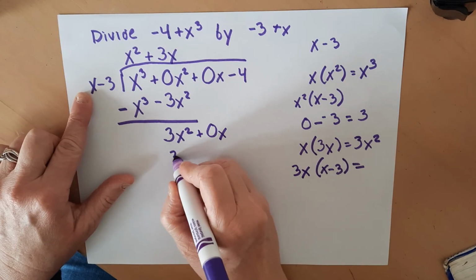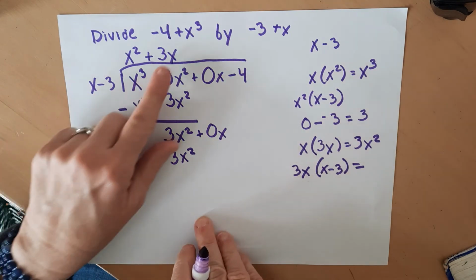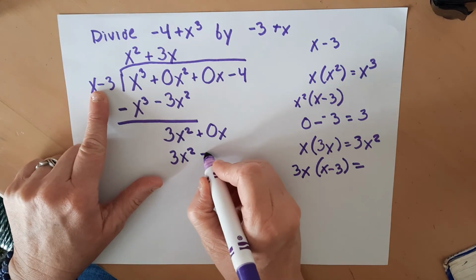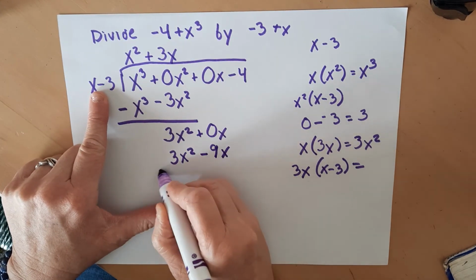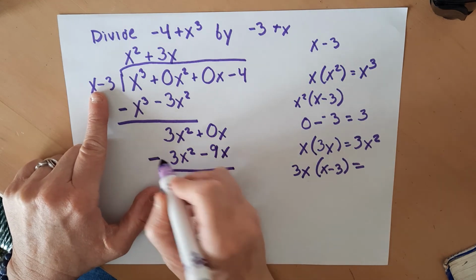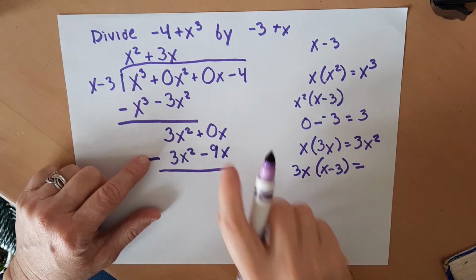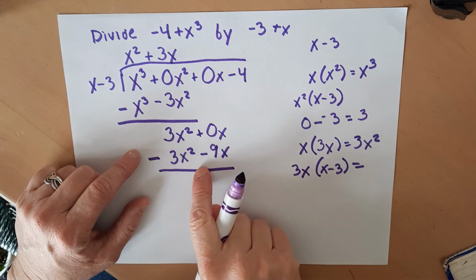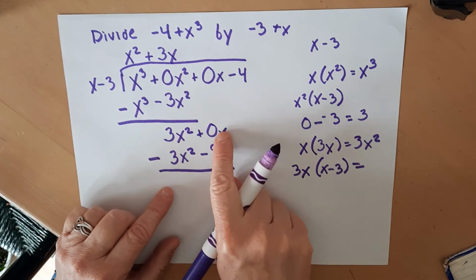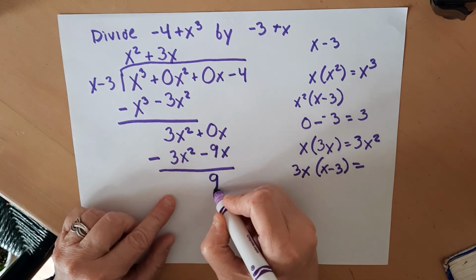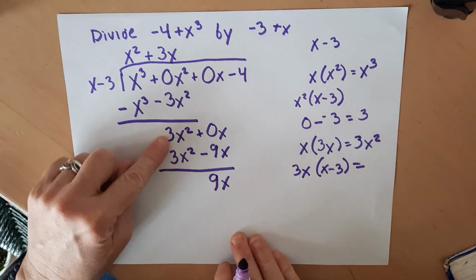And that gives us 3x squared. 3x times negative 3 is minus 9x. Remember, write the negative sign and think in your head, 0x minus a negative 9x gives us 0x plus 9x, which gives us 9x. These two cancel out.